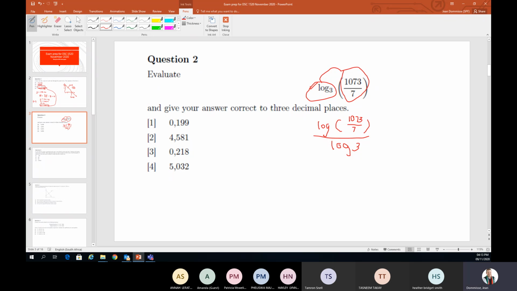So the guys that haven't, I am putting the app now. Let me just quickly share the app.